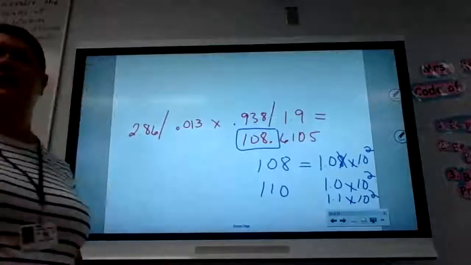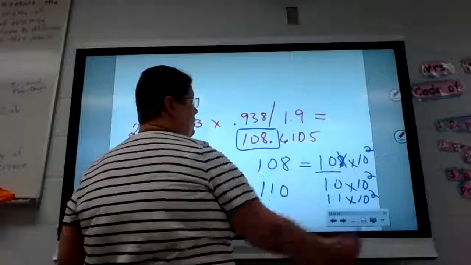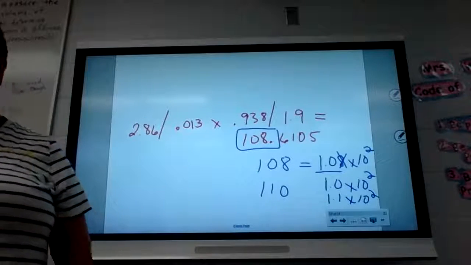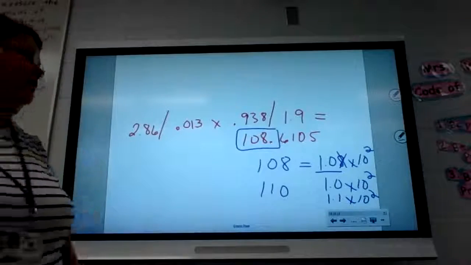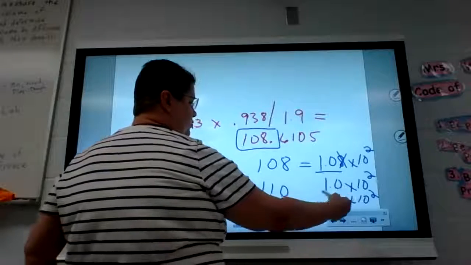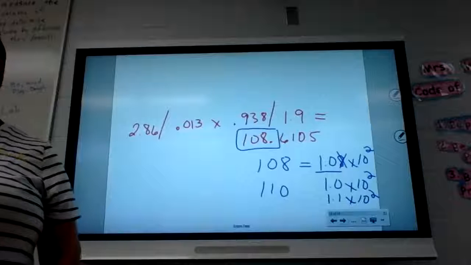The times 10 doesn't count for significant digits, so you only have these. In scientific notation, it works the same way. Nothing's different. You still count these numbers. So 2 significant digits, 2 significant digits. Doesn't work any different. Questions?